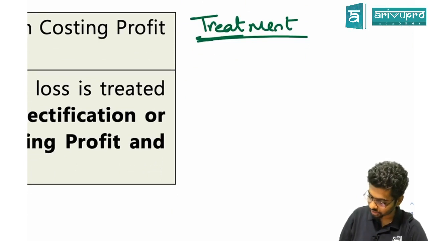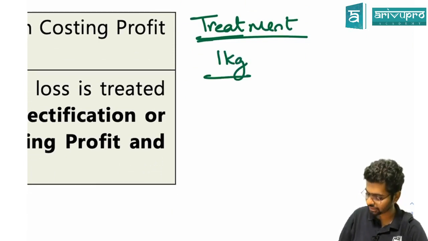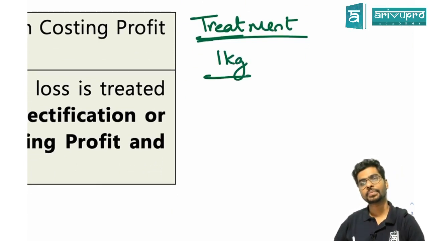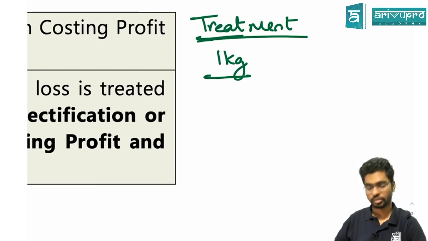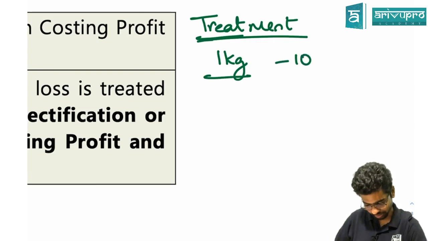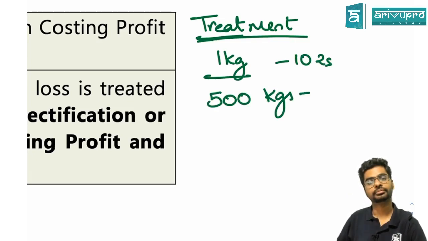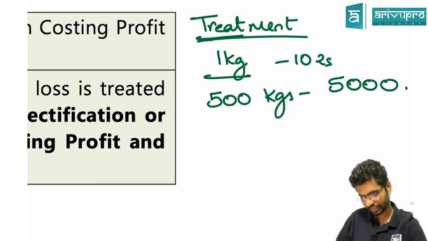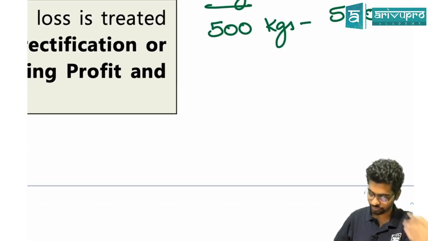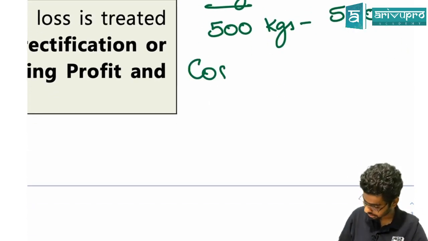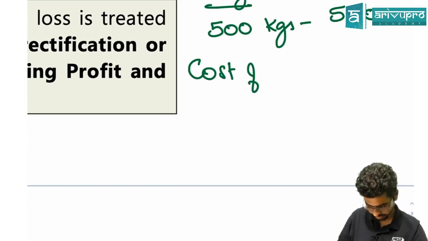Now, what is my cost per kg of raw material? It is 10 rupees. For 500 kgs, how much should I have spent? 5,000 rupees.